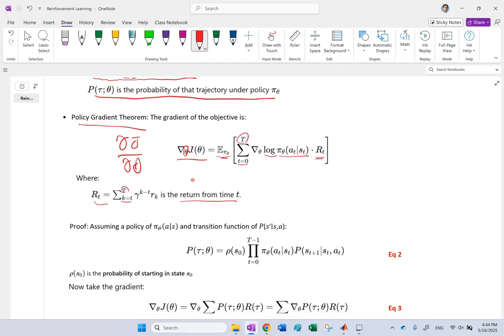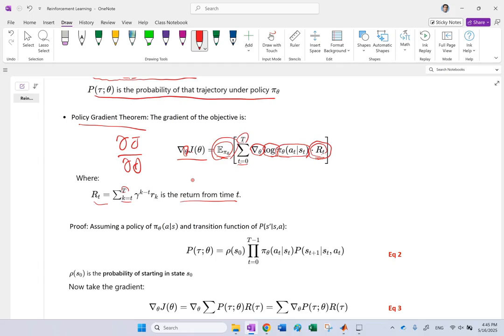For t of 0, that is from 0 to the last part; for t of 1, it is from 1 to the last part. So if you have this policy function, take a log of it and take the gradient, multiply by these cumulative rewards starting from time t, sum them up, and the expected value of that is your gradient.